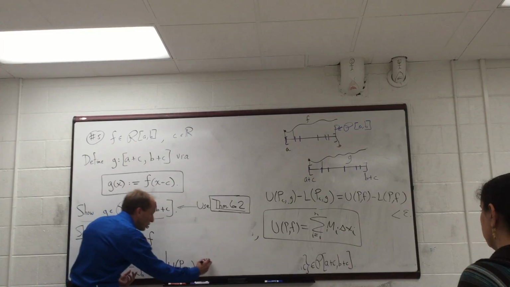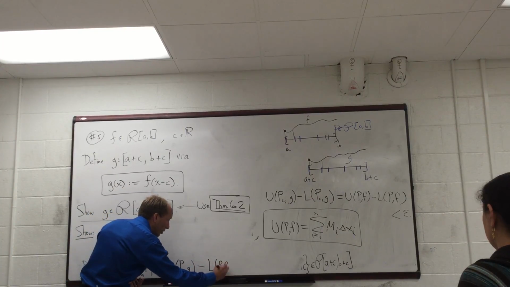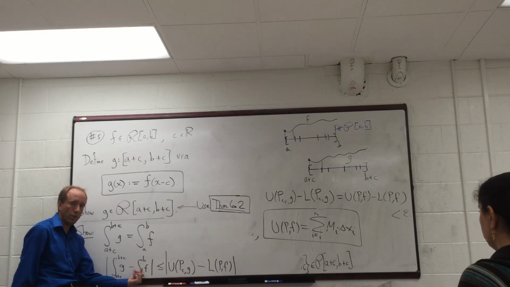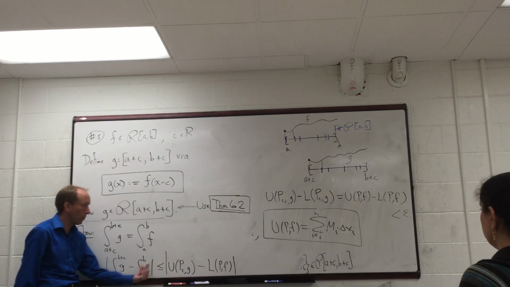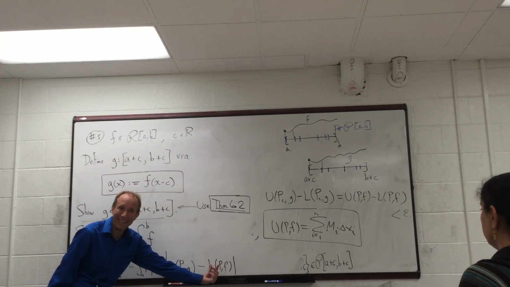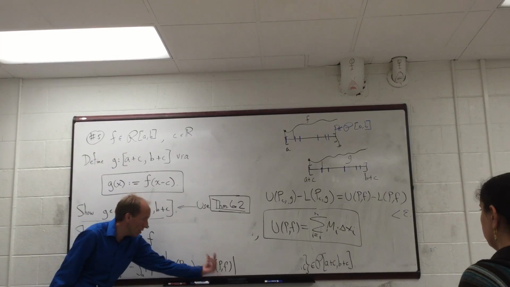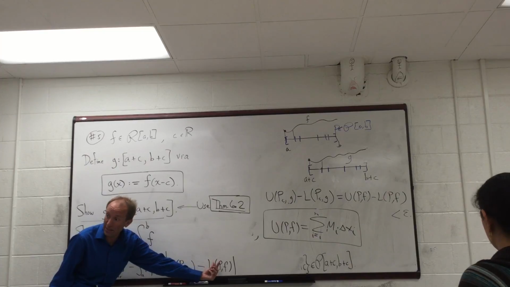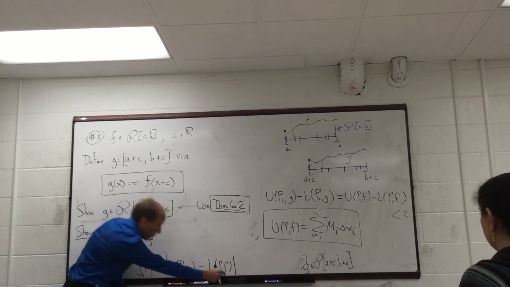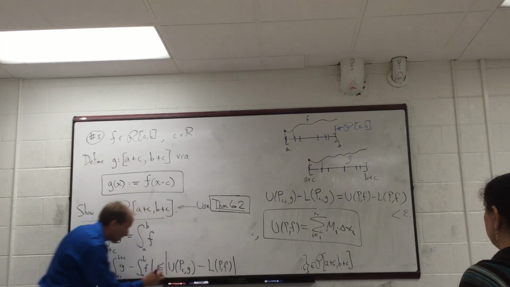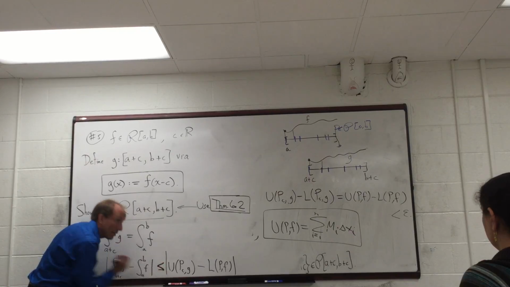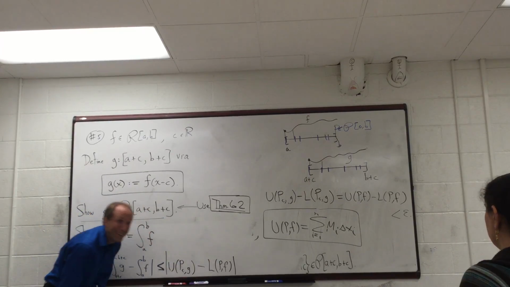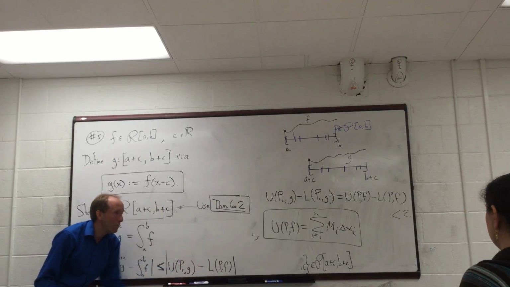So if I choose to subtract less than I'm currently subtracting, well, here's a lower sum. This lower sum is actually a smaller number than this. I'm actually now subtracting less. So I've got a bigger number here and a smaller number here. When I subtract them, it gets bigger. That's why I'm justifying this inequality. I've made this thing bigger and I've made this thing smaller, so that the difference has actually gotten bigger.